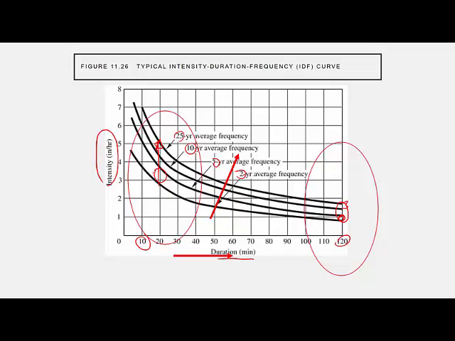Now, this is what we call an IDF curve, intensity, duration, frequency. You can find these curves as this graph shows, but also sometimes you find data. So you can find it in a graphical form.